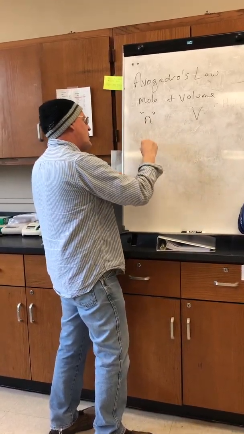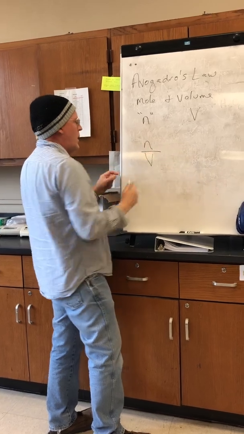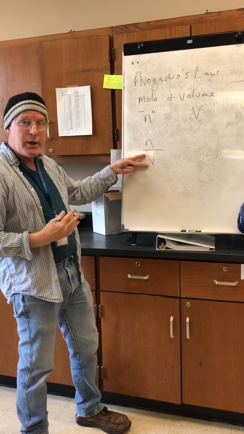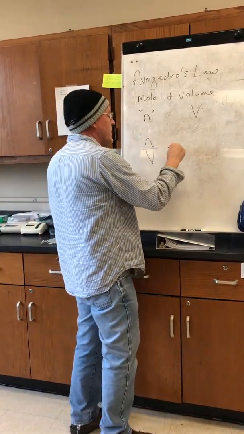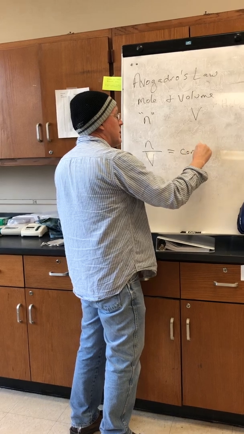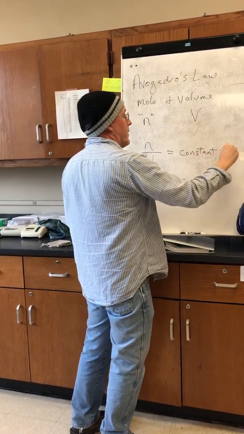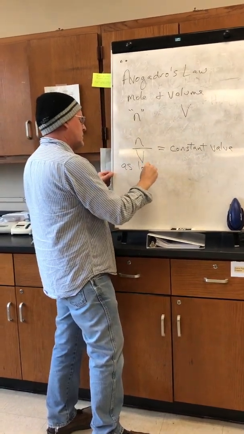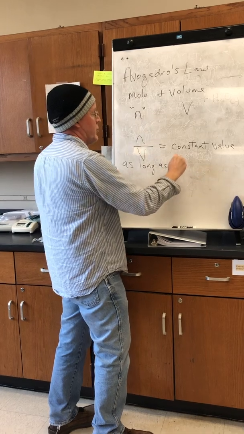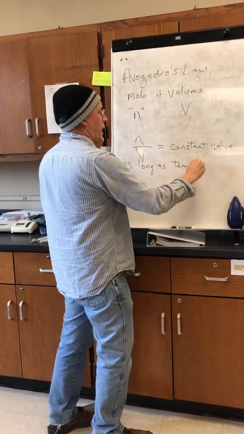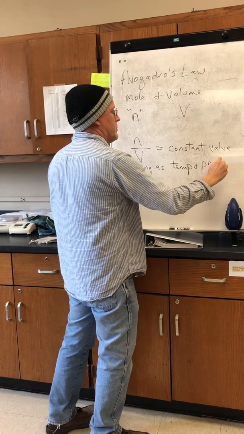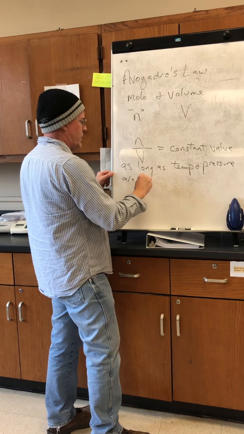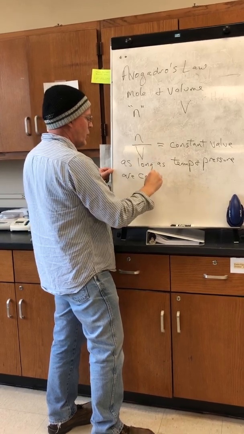If you take the ratio of n over V, and increase the number of particles, you're going to increase the volume. So in theory, this should be a constant value, as long as temperature and pressure are held constant. That's what's going to make this ratio work.